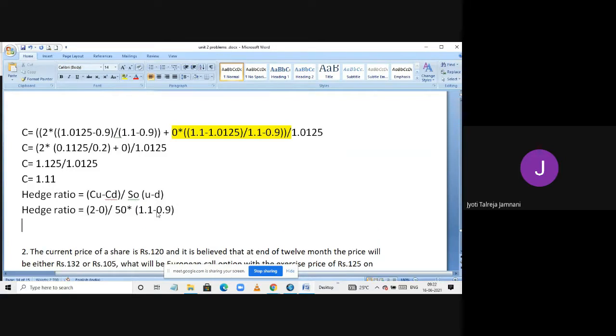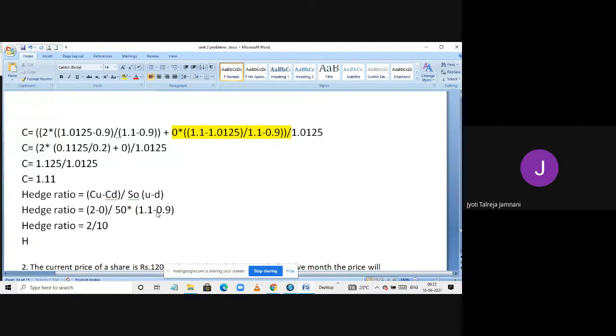If you solve for this, hedge ratio will be equal to 2 divided by 50 into 1.1 minus 0.9, which is 0.2. 50 into 0.2, you get 10. 2 divided by 10, 0.2.